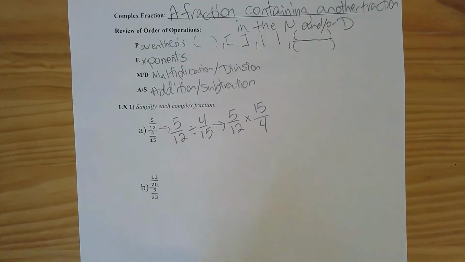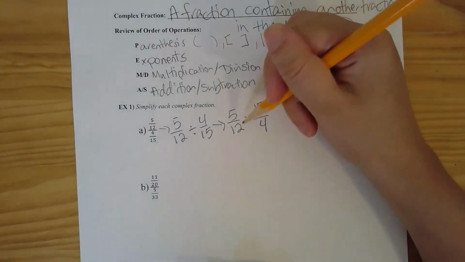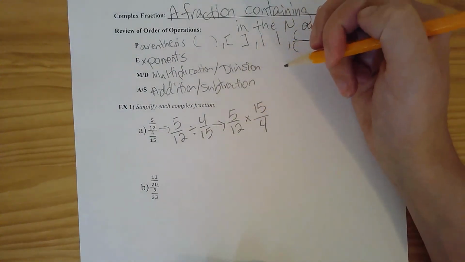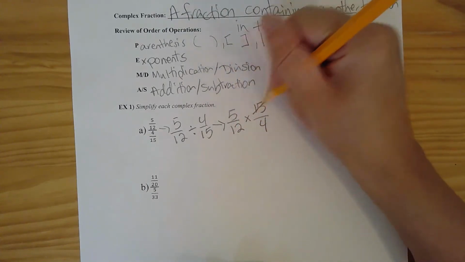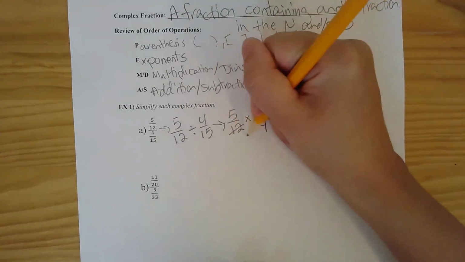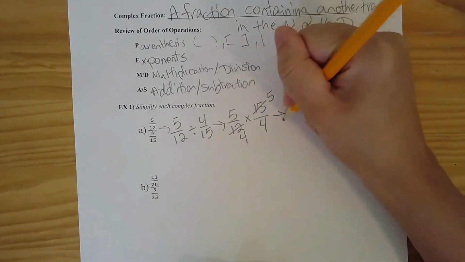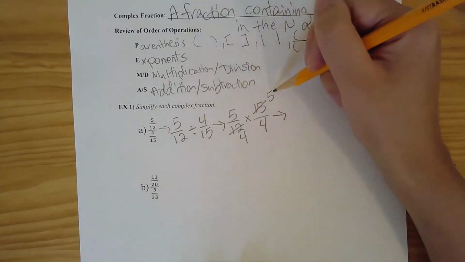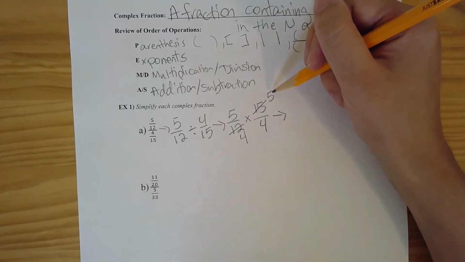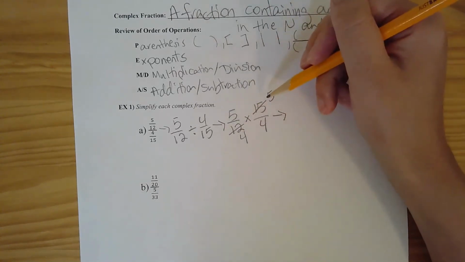Then we can simplify if we can. I notice that 15 and 12 are both divisible by 3. So I can divide by 3 in the numerator, divide by 3 in the denominator. And I think that's all I can do here. I know you might see, hey, there's a 5 and a 5. They're both in the numerator. They multiply together. They don't divide out.